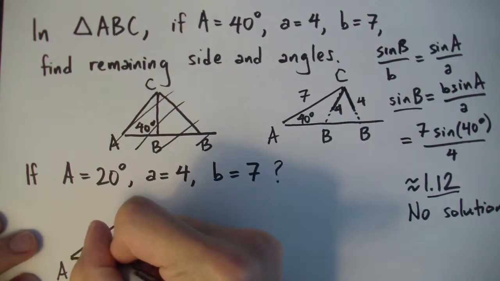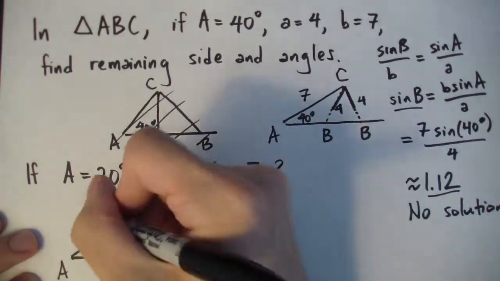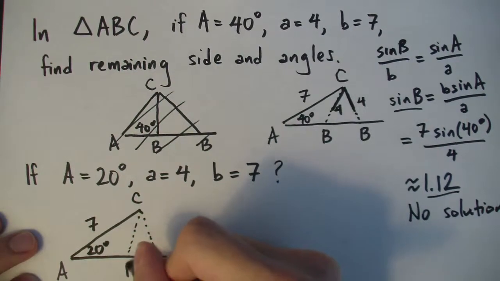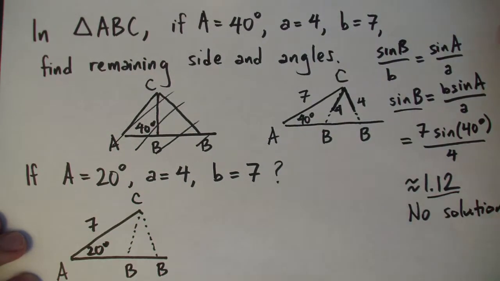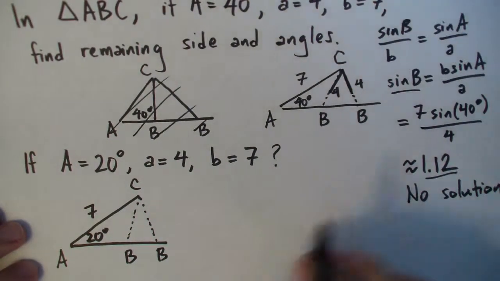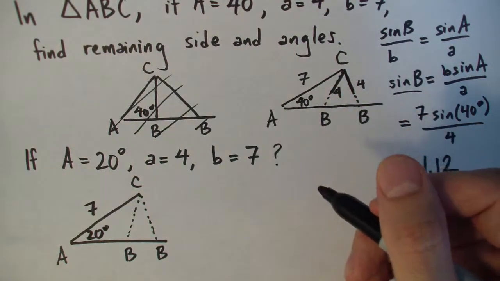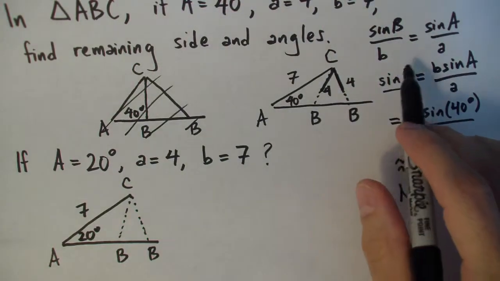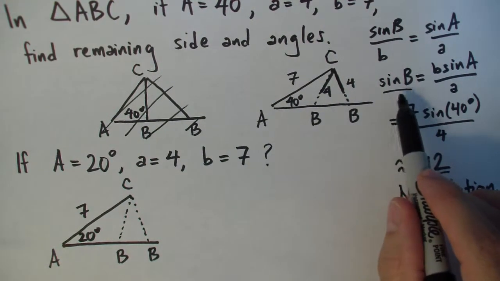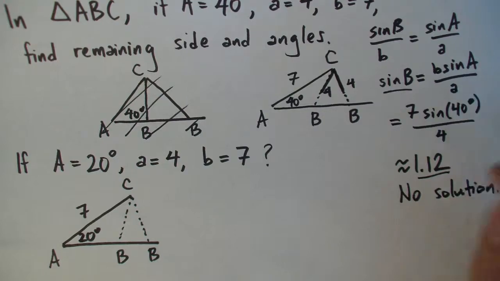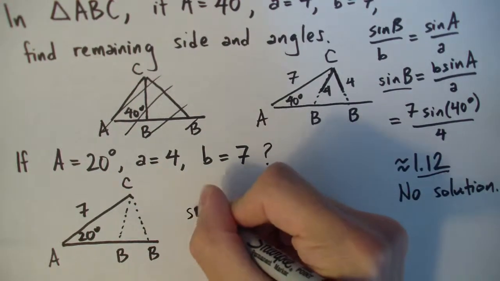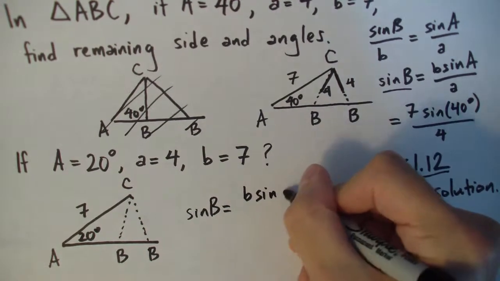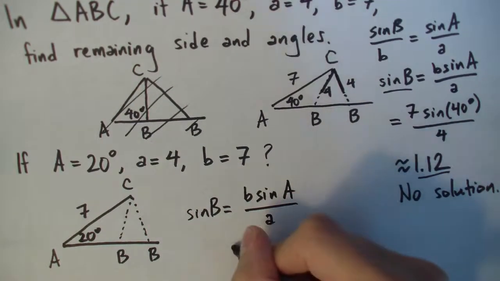So here's 20 degrees, and we have 7 over here, and here's C and B, and maybe B over there as well. We're not sure yet. Okay, well, let's set it up like we did before. We found that sine of B before was equal to b sine of A over a. So let's try that. Sine of B is b sine of A over little a.